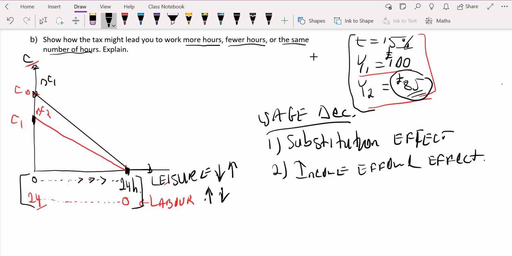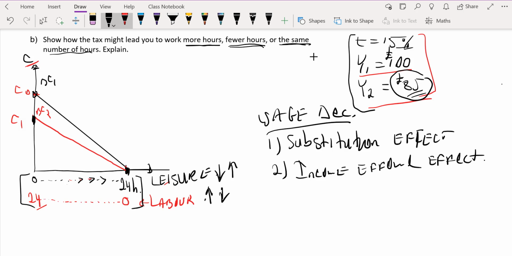You try to work harder and more. So given these two effects, the overall effect is ambiguous. It's not clear, but we can analyze it under three scenarios: more hours, fewer hours, and maybe the same hours of work. We'll look at the first one now.